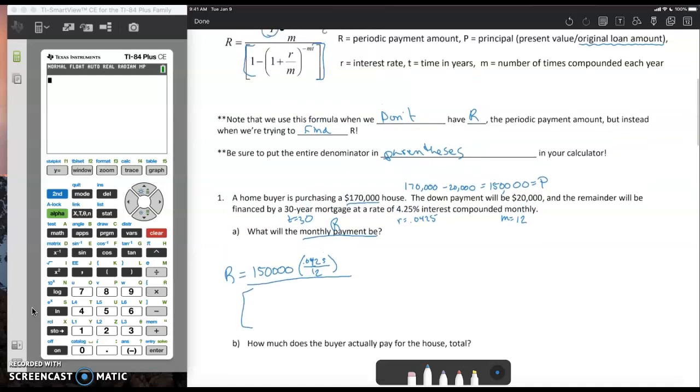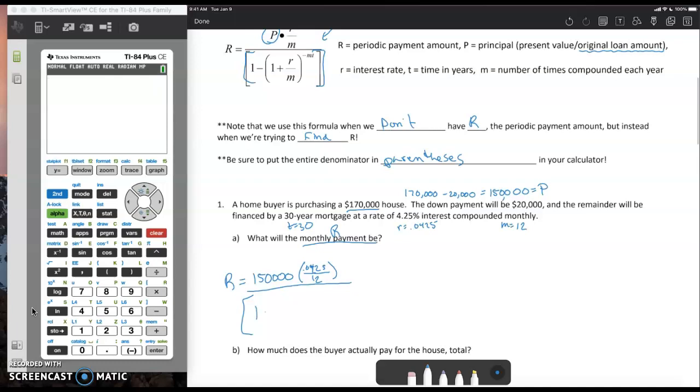Inside this bracket, we're going to do 1 minus parenthesis. Inside this smaller parenthesis set, we have 1 plus the fraction 0.0425 over 12. We close up that smaller parenthesis set, and it's all to the negative 12 times 30 power, and then we close up our large bracket in the denominator.